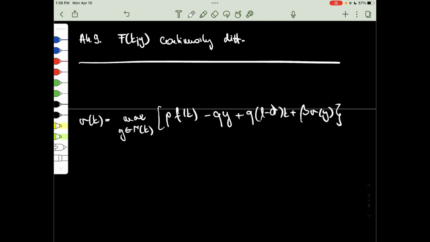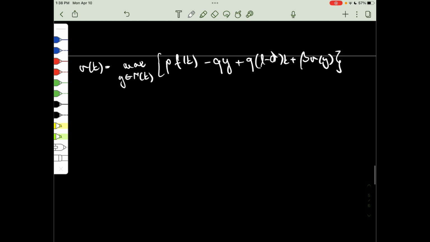First order condition. The choice variable is y, so we need to differentiate the Bellman equation with respect to y, and this is the first order condition.